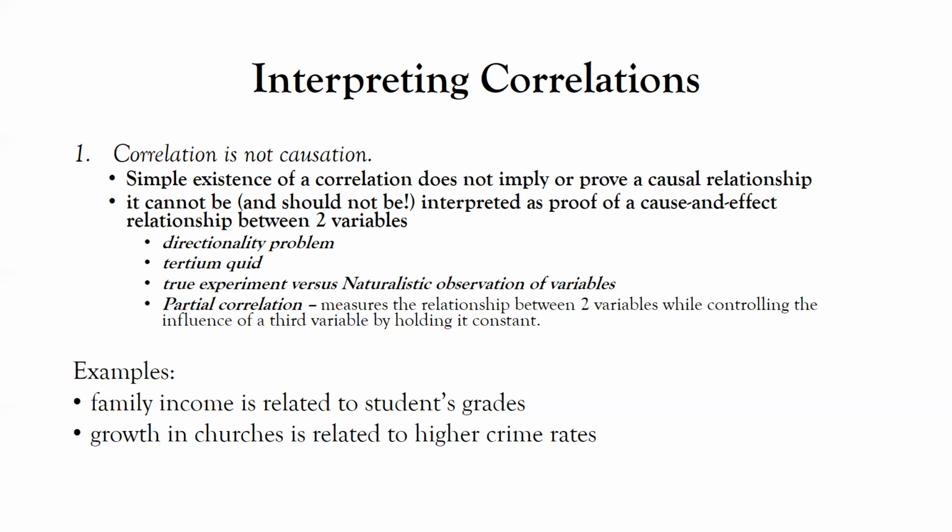So it is possible that there's a third, fourth, fifth, sixth variable, a tertium quid at play that could be pulling the scores up on variable x and pulling the scores down on variable y.